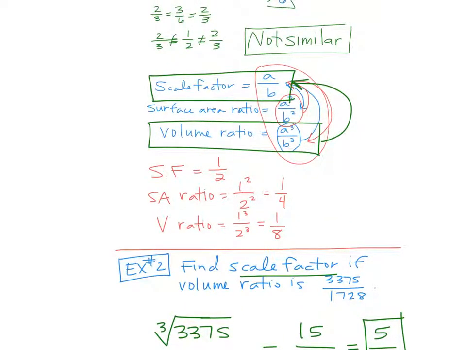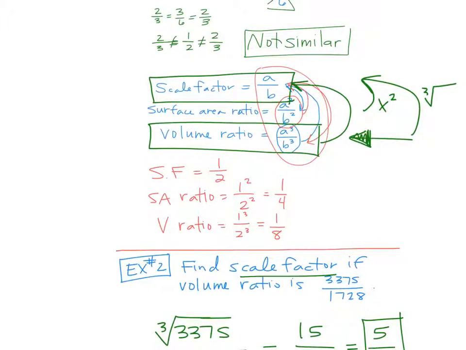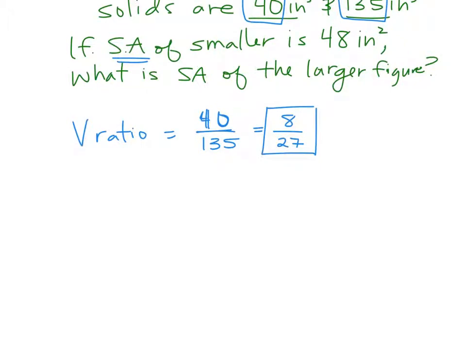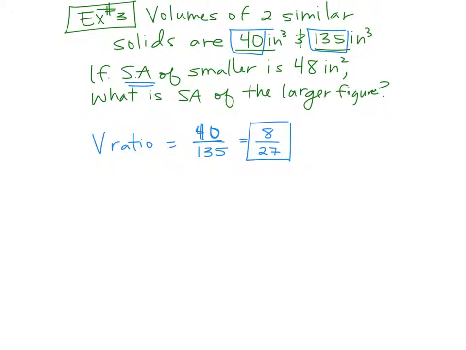We are currently here. 3 to 1 to 2. We have volume. We're going to cube root it to get to here. So you take the cube root, and then we're going to square it. That number squared is going to get us to surface area. Don't forget that squaring step. That's the one that always gets forgotten.